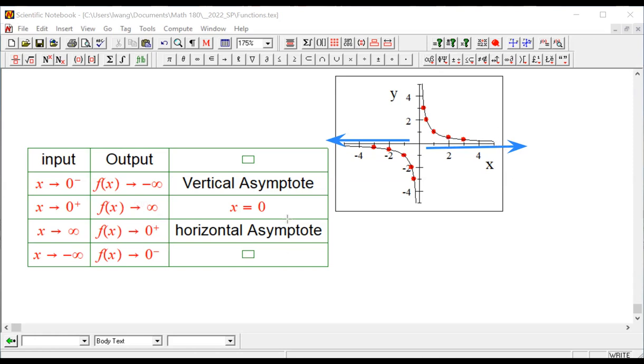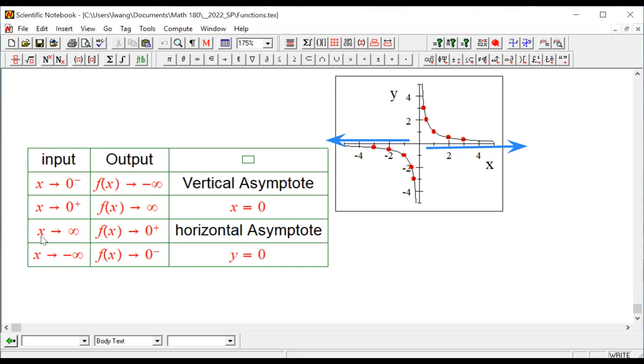So that's how we get the horizontal asymptote, because they both approach the x-axis. One is from below, the other one from above. And that makes the x-axis the horizontal asymptote, because the x-axis is horizontal. The equation of the x-axis itself is y equals 0.